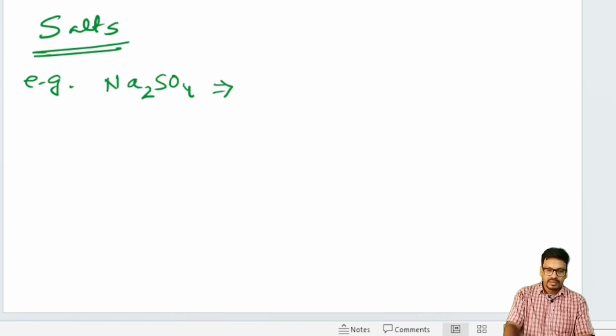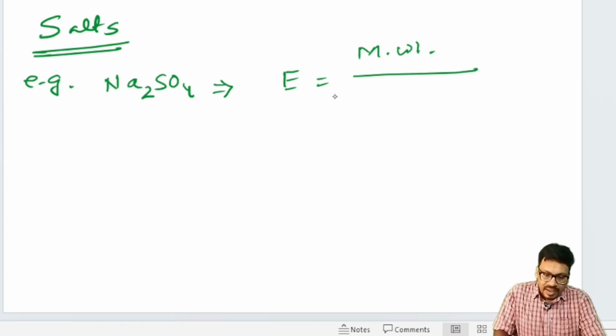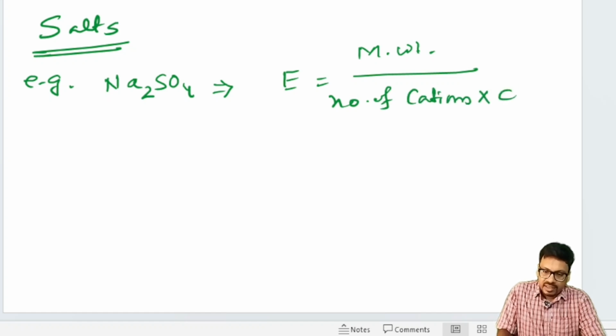Let us see. Here the equivalent weight is the molecular weight of the salt divided by the number of cations and the charge of the cation.